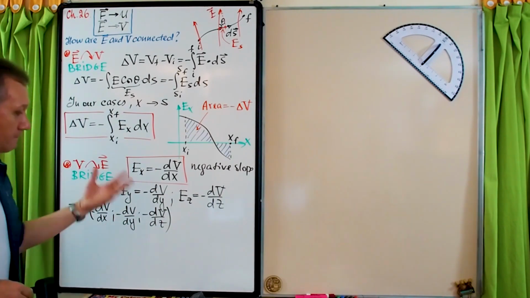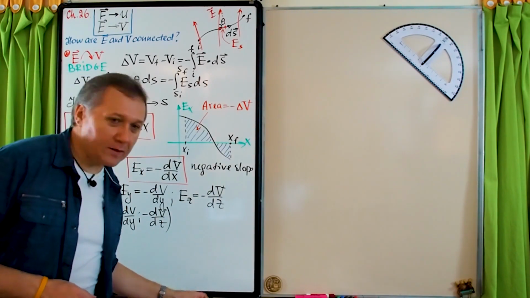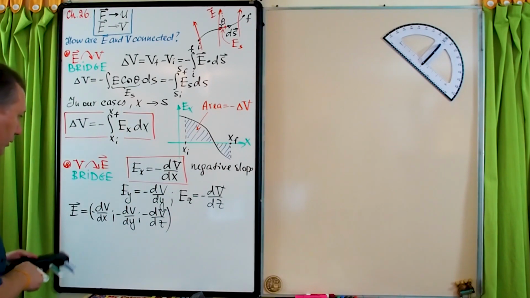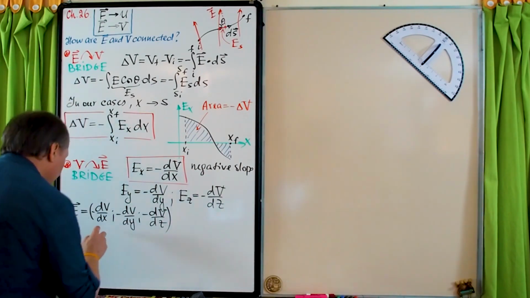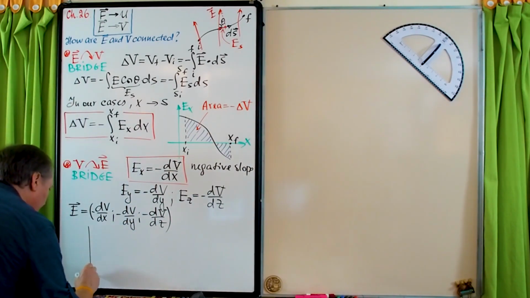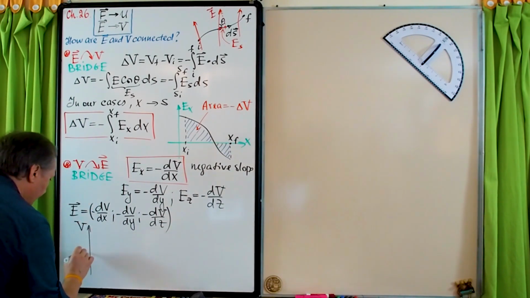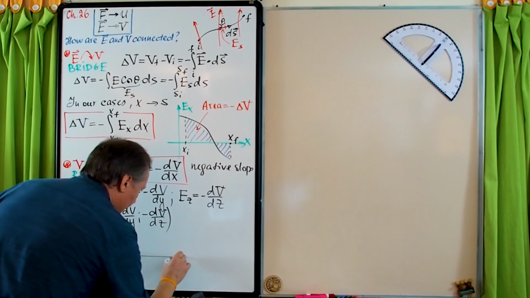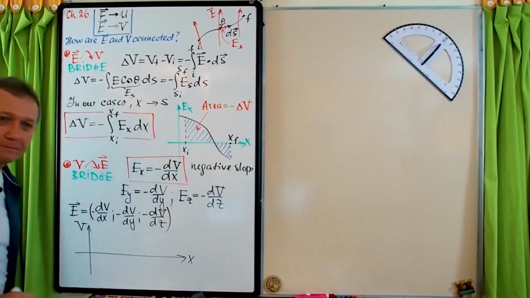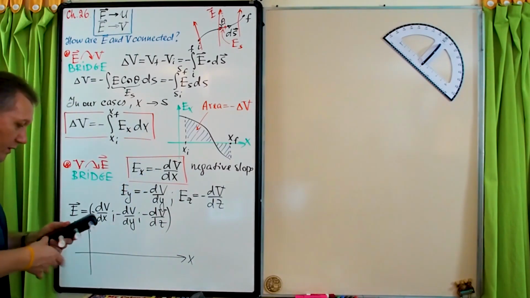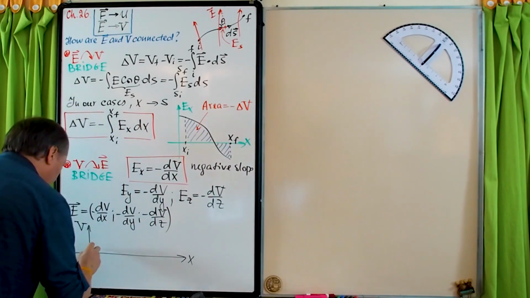Okay, and before we start looking at examples, let me just plot something completely arbitrary in order to practice this second bridge. So let's say I plot V versus x, and I will draw just some completely arbitrary situation.